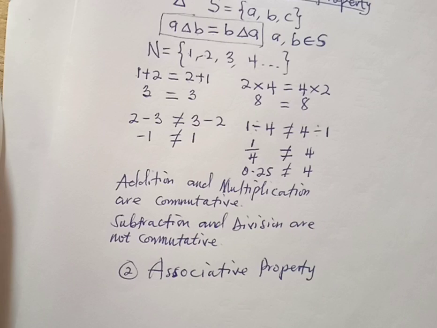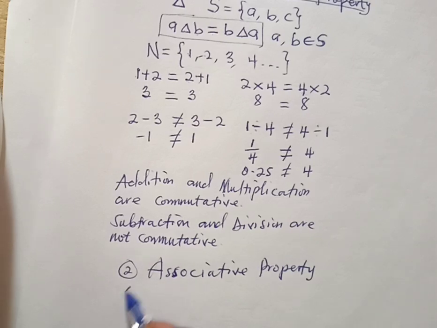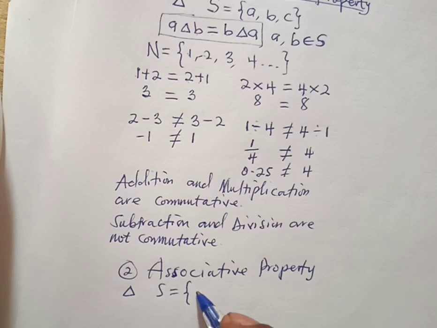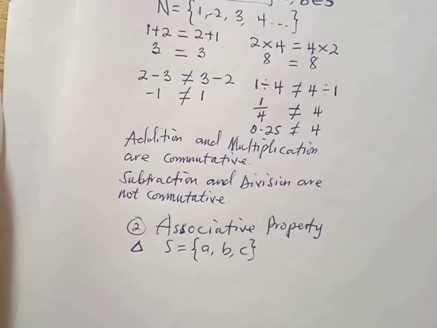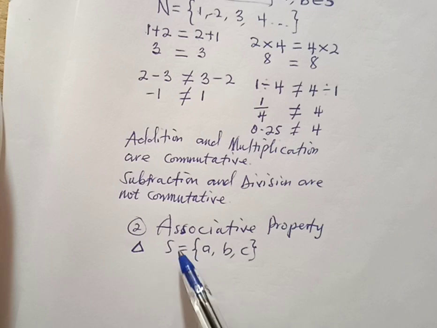Great. For the associative property, what we are saying is, if we have an operation defined on this set S, with the elements A, B, and C, then for associativity, if I pick three elements from the set and operate with the given operation, and the answer I get on the left side is also the same as the right side, then that property is associative.